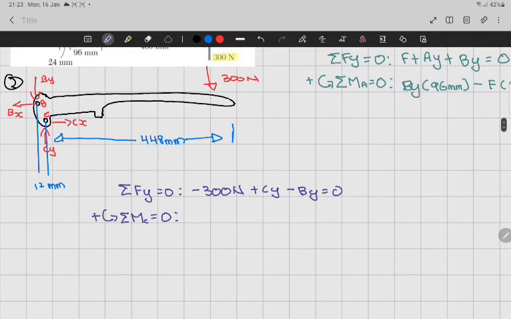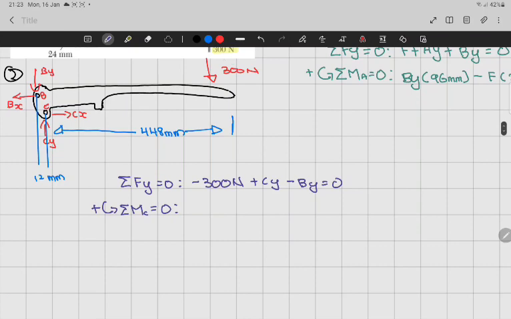We start from here, negative 300. You know why negative? Because it's going clockwise. And 448 mm. Then plus By, and then 12 mm is equal to 0.